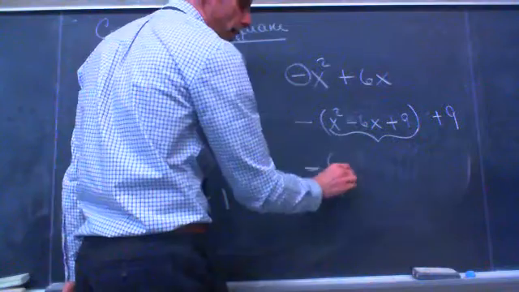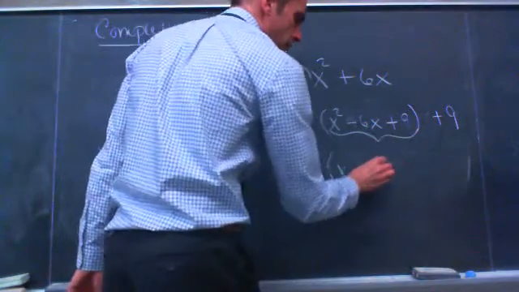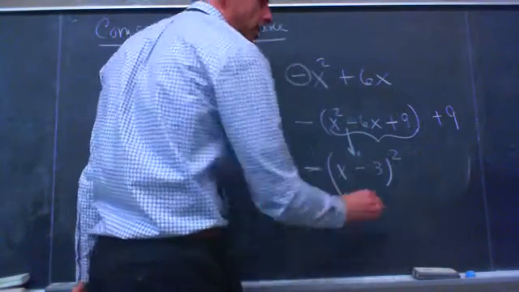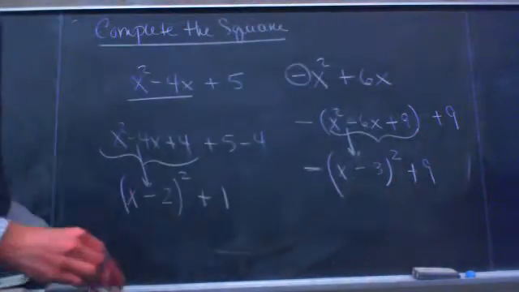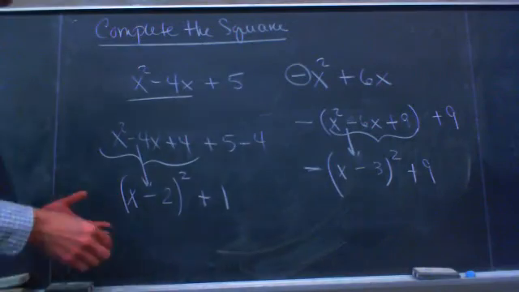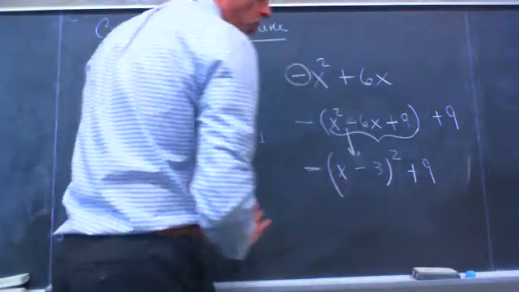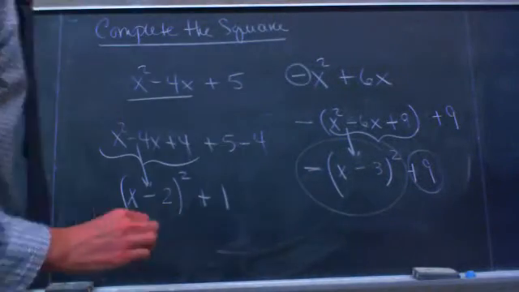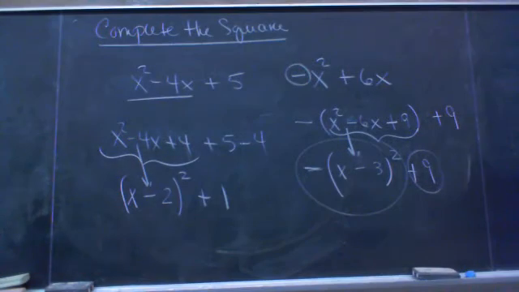The square root of x squared is x, the square root of 9 is 3, the sign in the middle goes in the middle, square it, plus 9. Now this will be in the form of our sine inverse one, where this is the constant, this is the variable piece, but it's got to be all inside a square root.